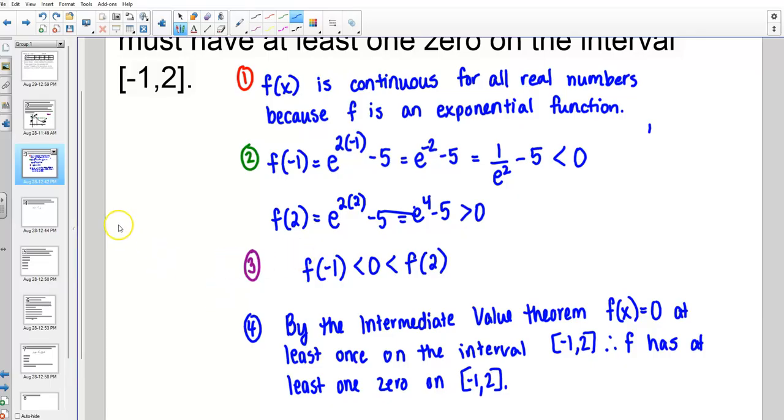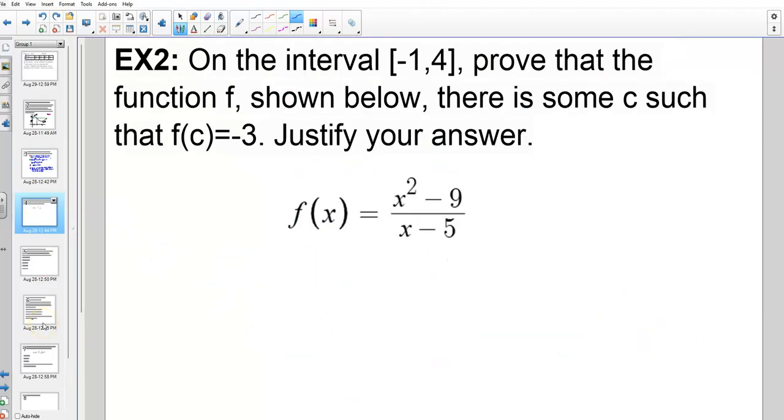Okay? Let's move on. All right, this is very similar, but a little bit different, because this time they're not asking us for the zeros. They're saying there is some c such that f of c equals -3.